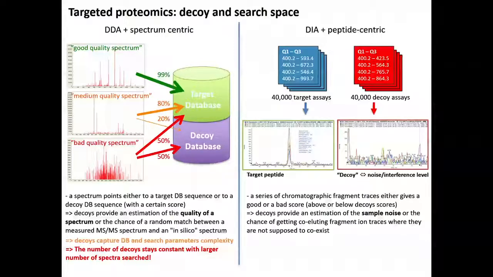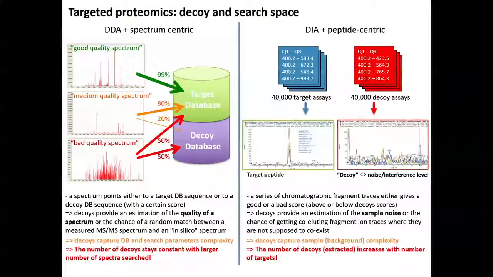The point is that the decoys here really give you an estimation of the sample noise, the sample complexity, which is very different from the concept of decoy database search space that you have in a shotgun type of data analysis.